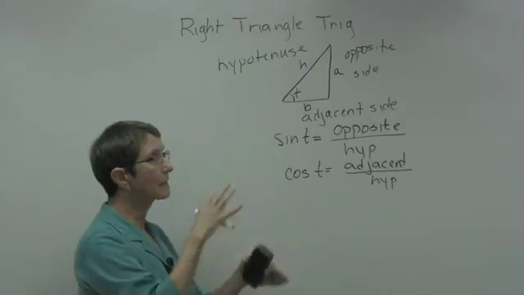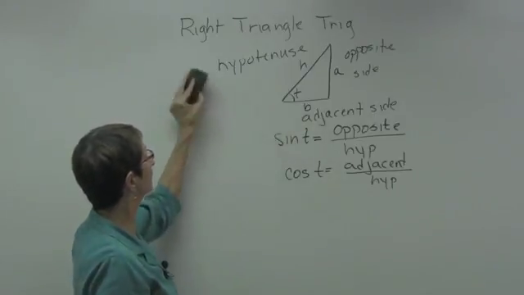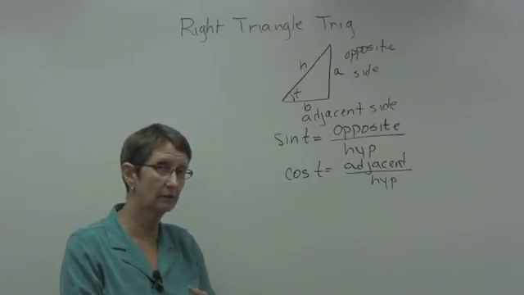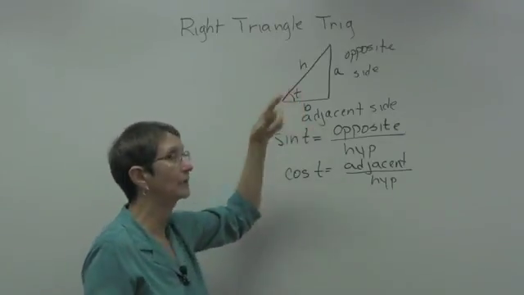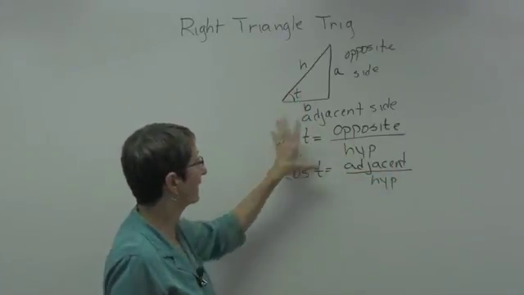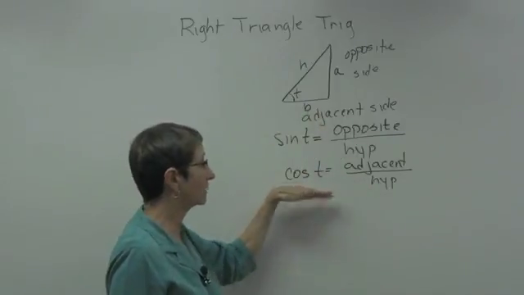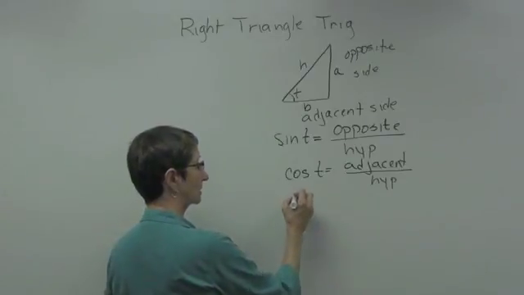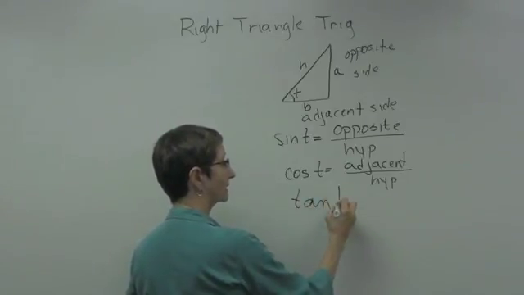We can find a lot of information from this if we actually have 2 sides of a triangle. We can find our angle T, we can find the third side, we can find not just sine and cosine, but we'll be able to find everything else. Remember that tangent is sine over cosine.